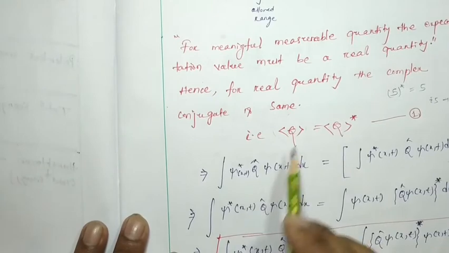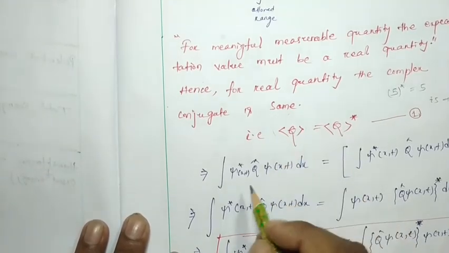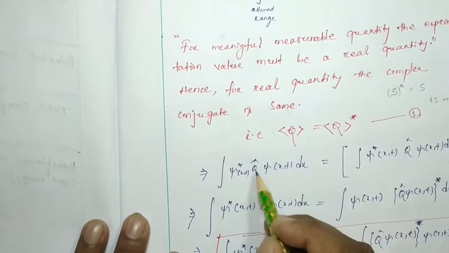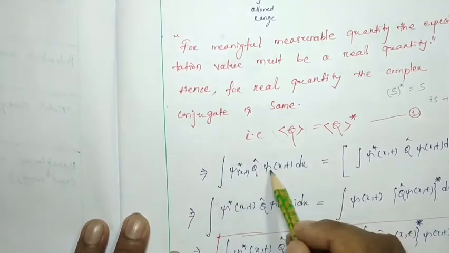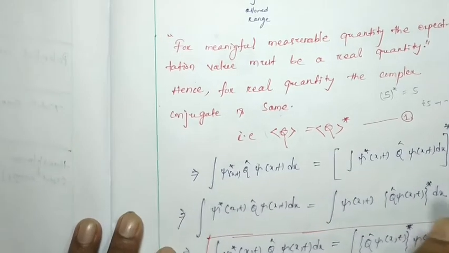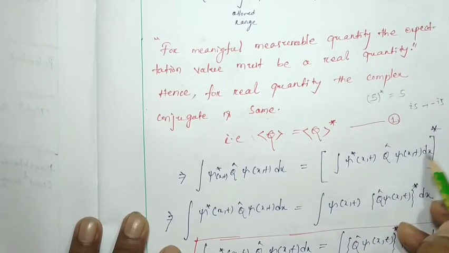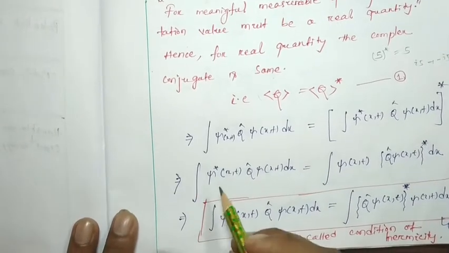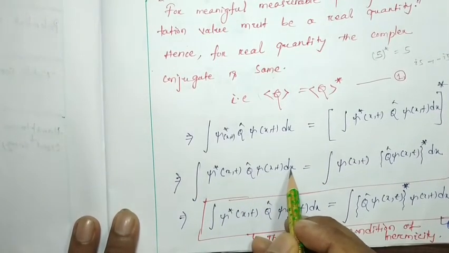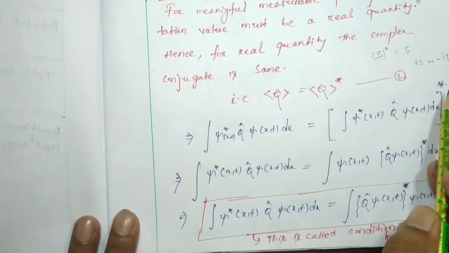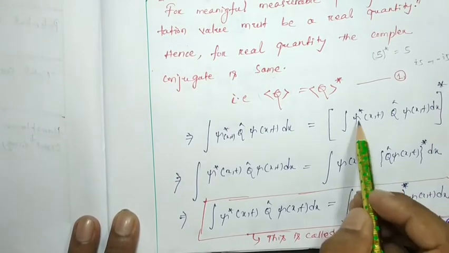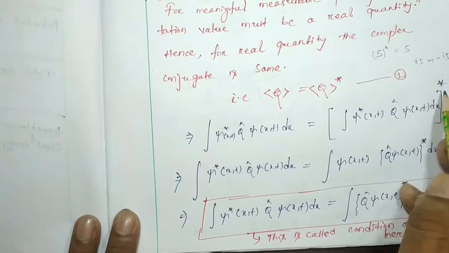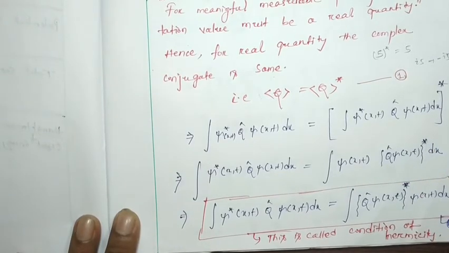For the expectation value of Q cap, this operator, the integral of psi star (x,t) Q cap psi(x,t) dx is equal to the complex conjugate of the integral of psi star (x,t) Q cap psi(x,t) dx. Now, taking the complex conjugate of psi star, it will be psi(x,t), and the complex conjugate of Q cap psi(x,t) will be like this, dx.